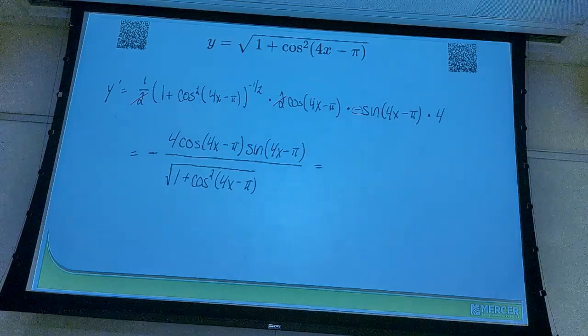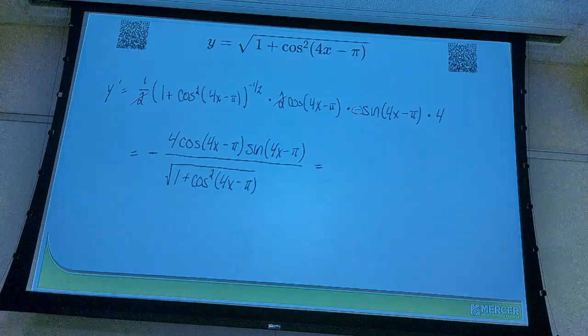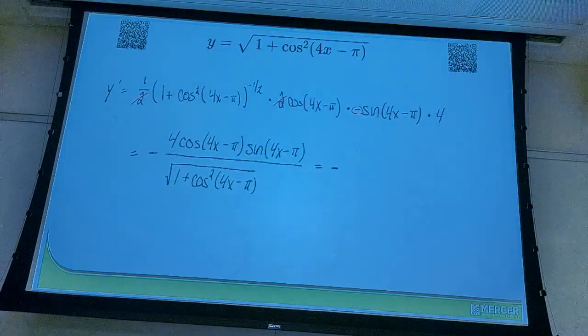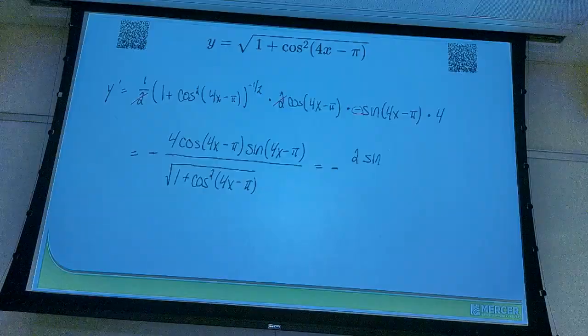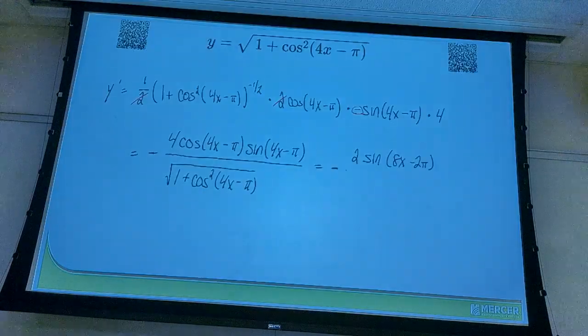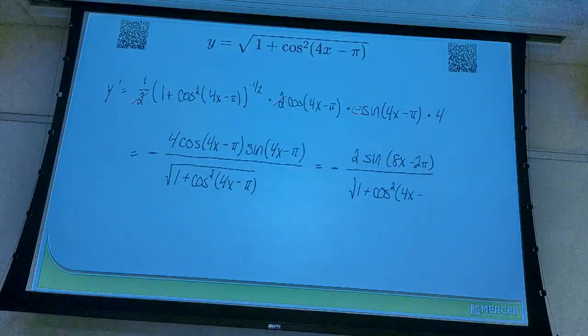That can be simplified. Figure it out. 1 plus cosine squared, sine squared, right? 1 minus cosine squared would be sine squared.